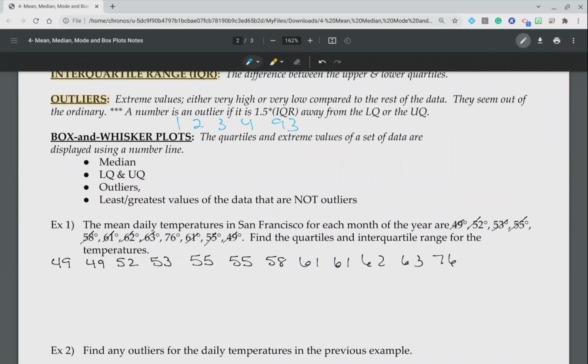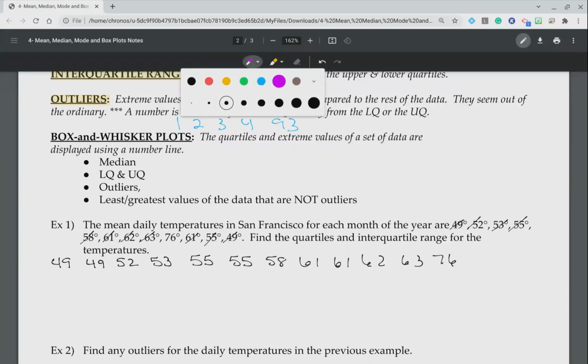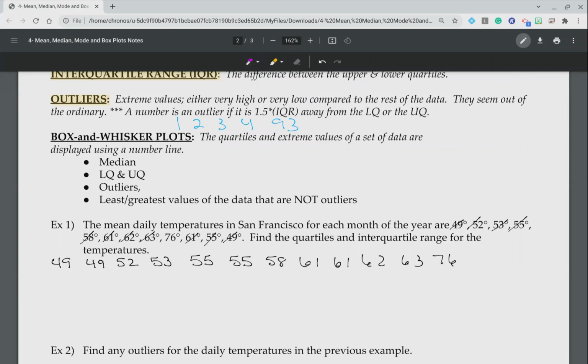You'll notice for example 1, I already took my data points and put them in order from least to greatest. So go ahead and take a second to do that while we start talking about the median, lower quartile, upper quartile, and outliers. Okay, so we said that one of the quartiles is always going to be the median.